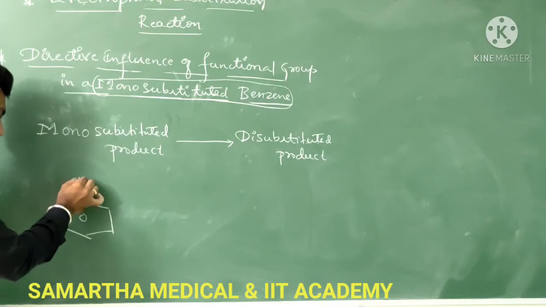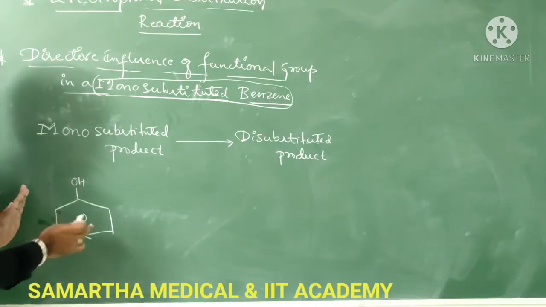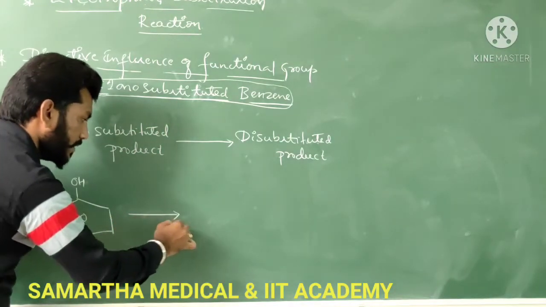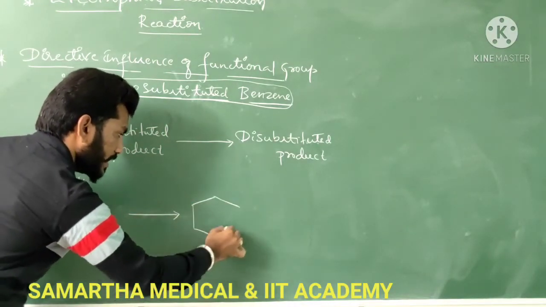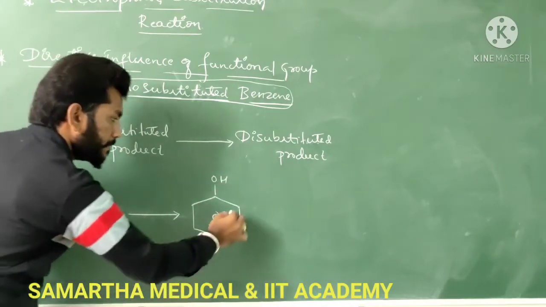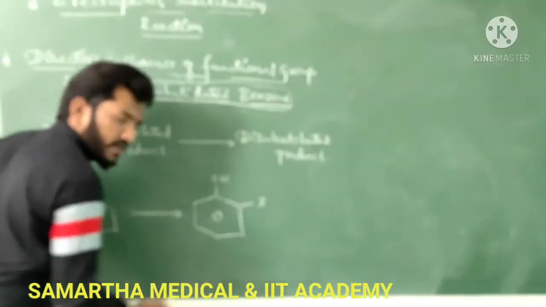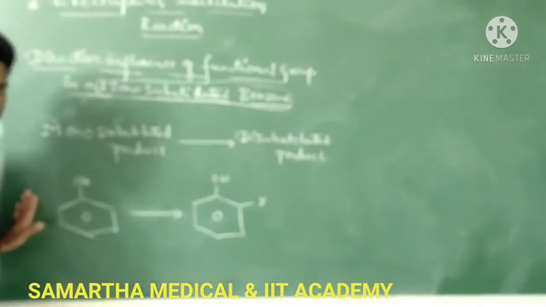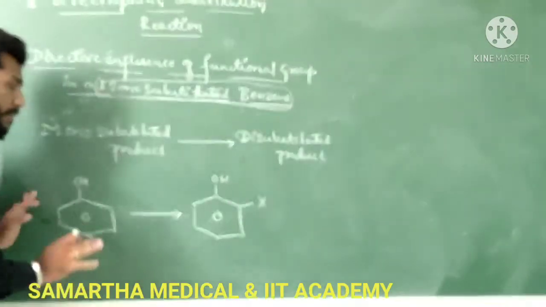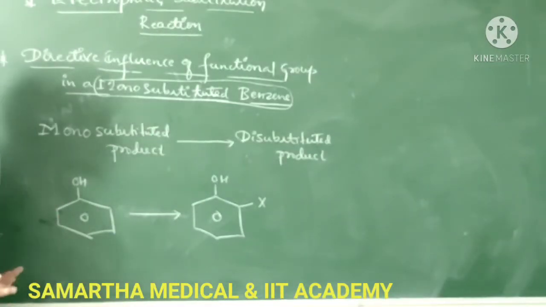a phenol, which is an example of a monosubstituted product. This monosubstituted benzene is converted into a disubstituted compound, where X can be any incoming group. You have to know the concept actually.